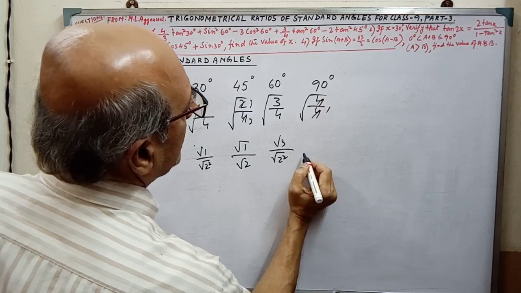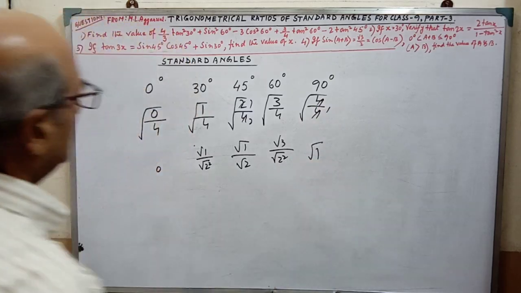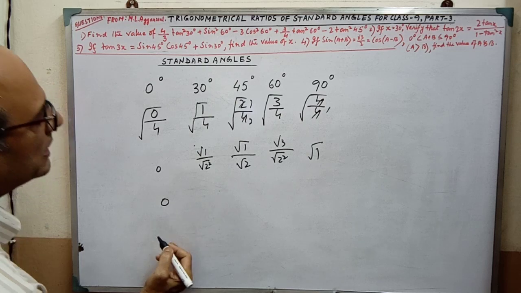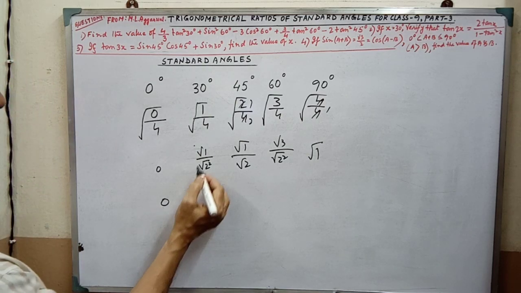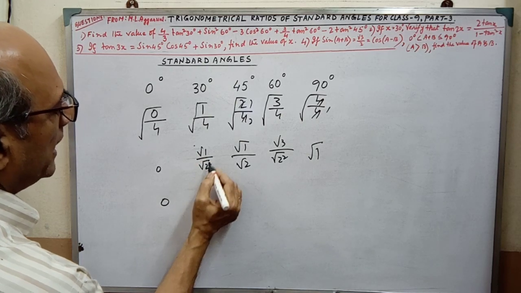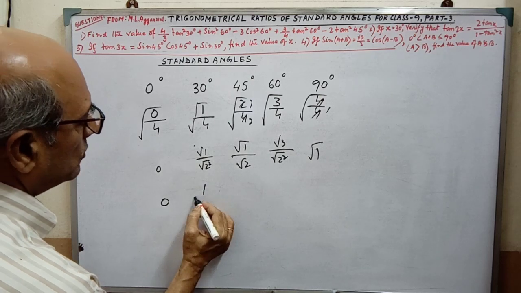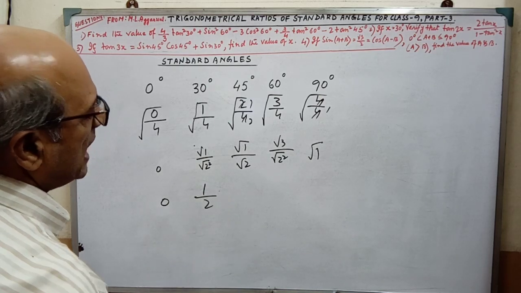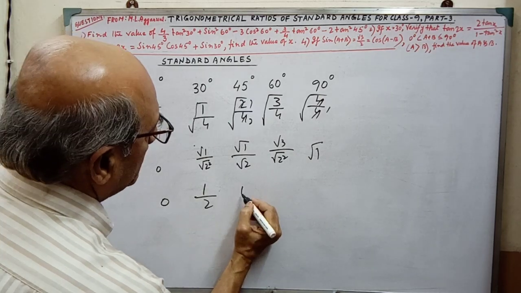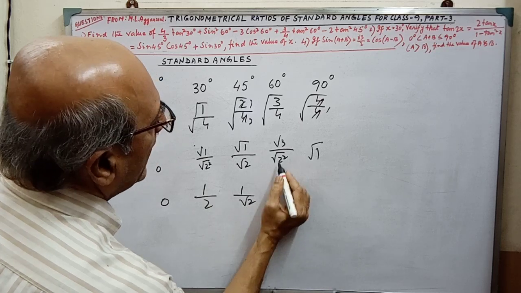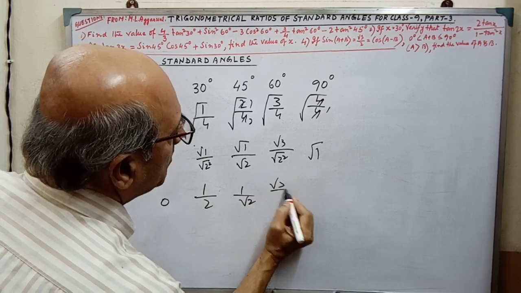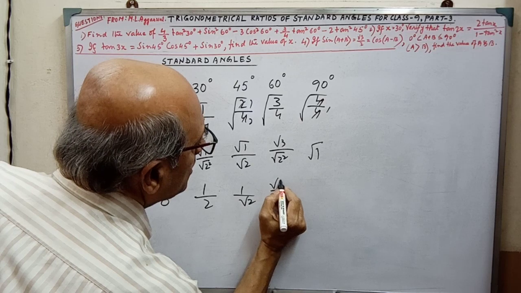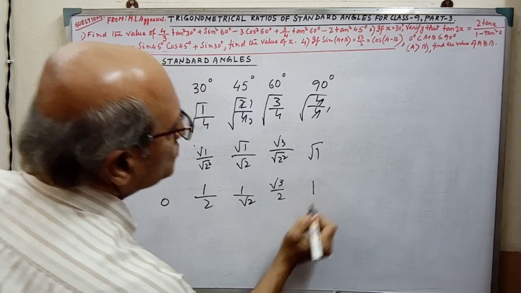This and this will be cancelled, so it is coming 1. Then more simplify: this will be 1 and root and square will be eliminated, so this is half. Then it is 1 by root 2 and this is root 3 by 2 and this is 1.